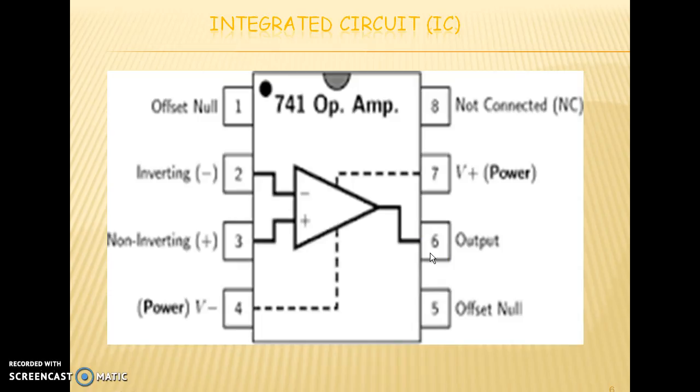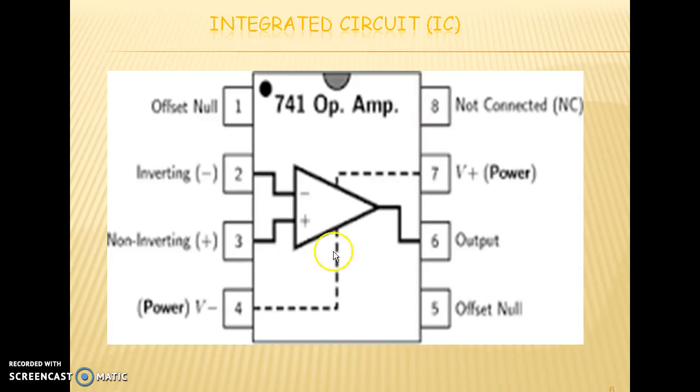Sixth is our output terminal or Vout, from where we get the output. Now seventh is the power terminal, that is plus VCC. Fourth was minus VCC, seventh is the plus VCC. Here we give the supply as a positive value.